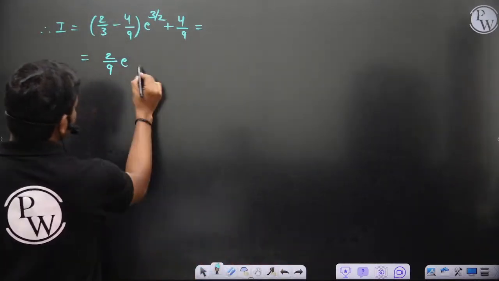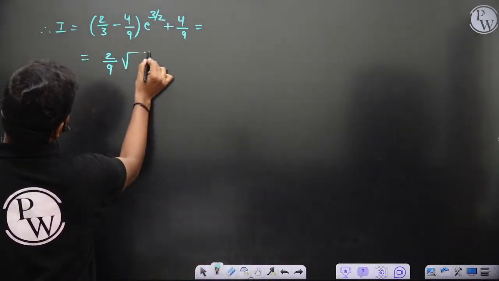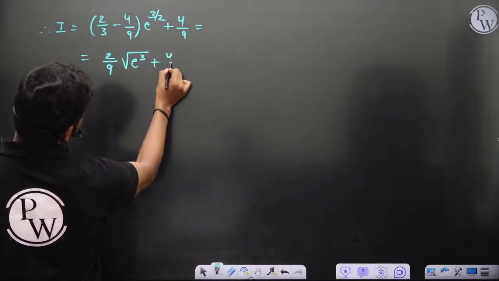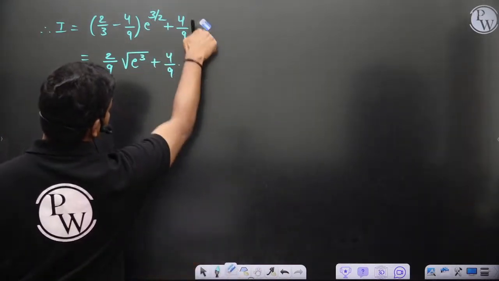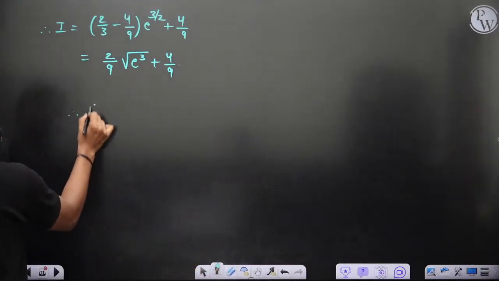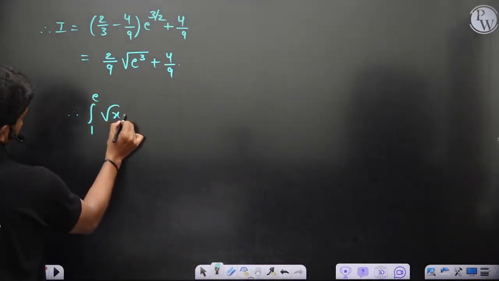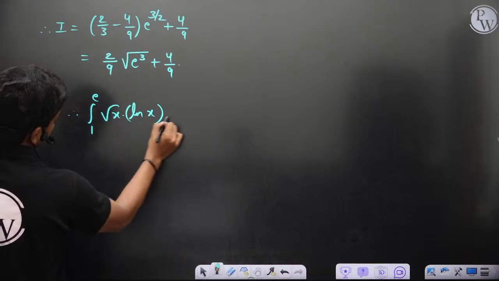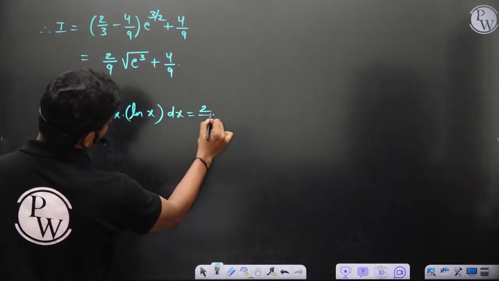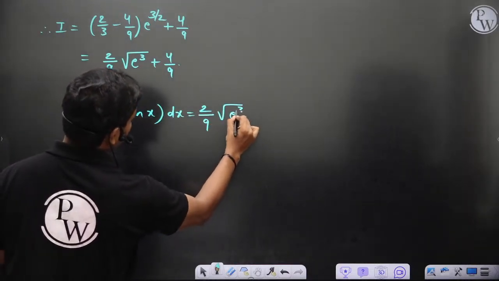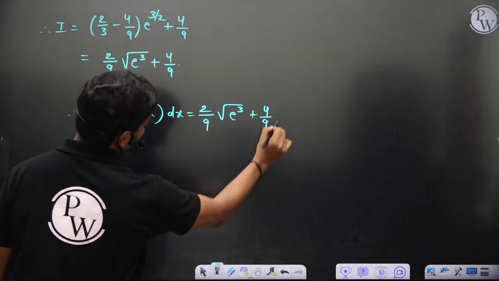This e power 3 by 2 can be written as square root of e cube, plus 4 by 9. So that's the value of I. Therefore integral 1 to e of root x times ln x dx is equal to 2 by 9 times root e cube plus 4 by 9.